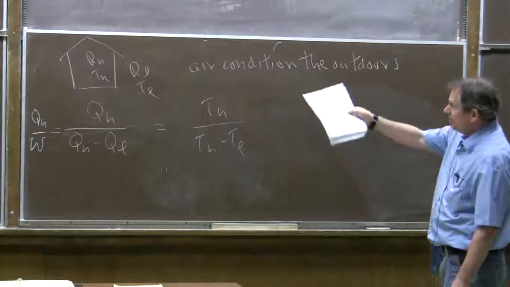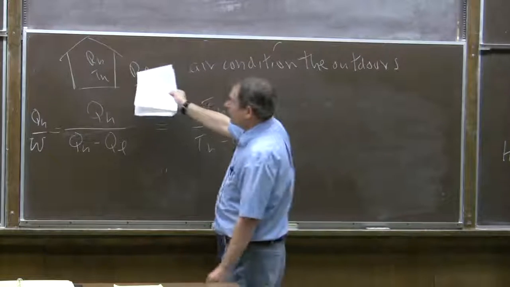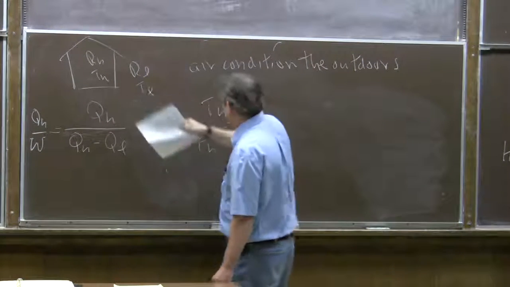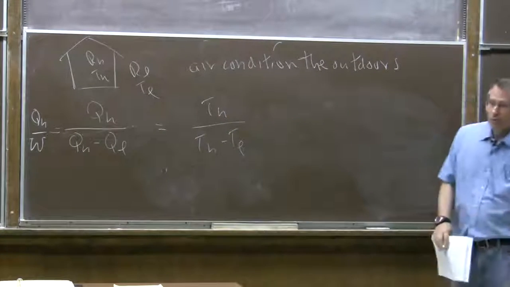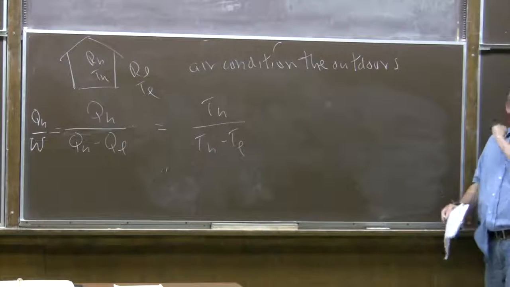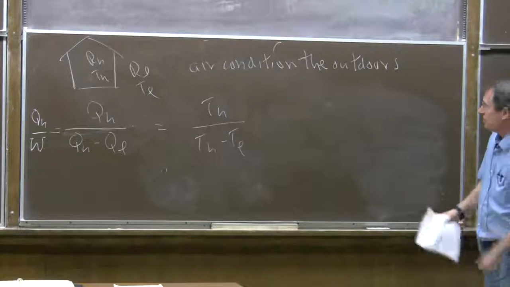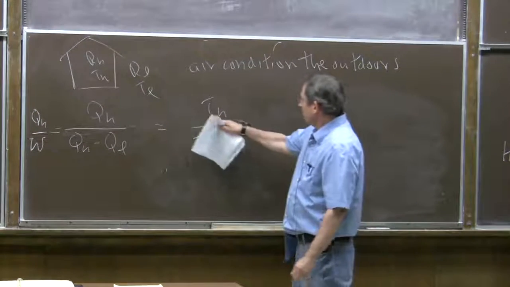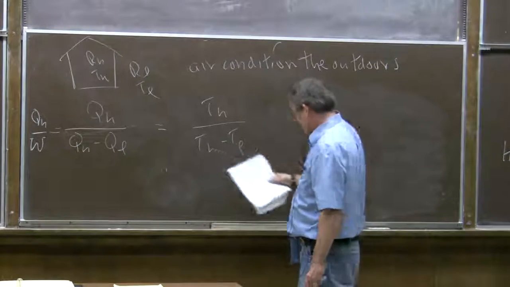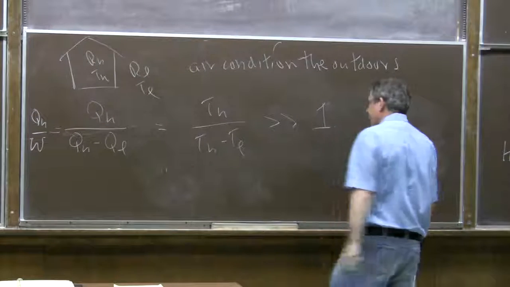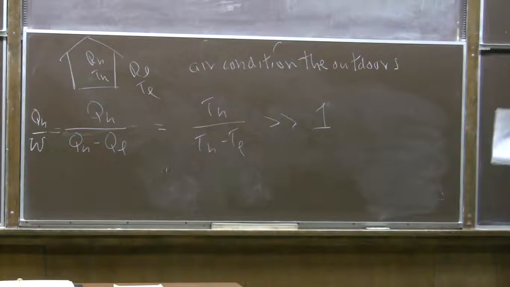Instead of asking how efficiently are we making the thing that we're refrigerating cold, we're asking how efficiently are we heating up the warm reservoir, because I want to heat up the house. I don't care about how cold it is outdoors, really. So that's the ratio of tau H to the difference tau H minus tau L. And that can be much greater than 1. So my friend is actually much smarter than I am. He runs his air conditioner backwards. We call that a heat pump.